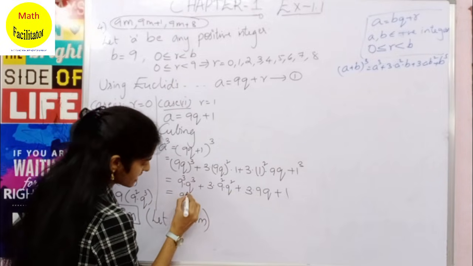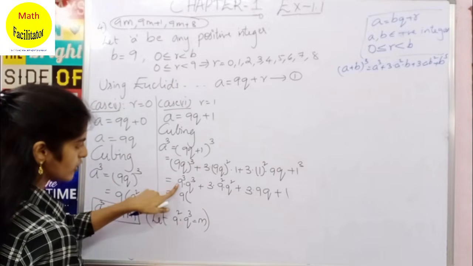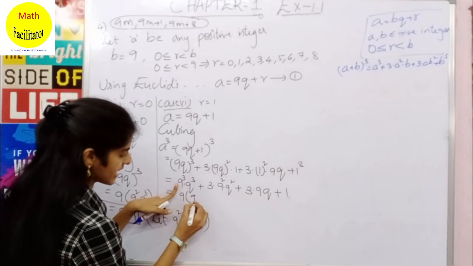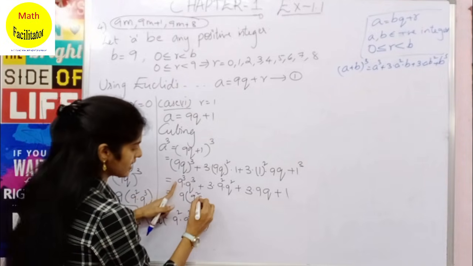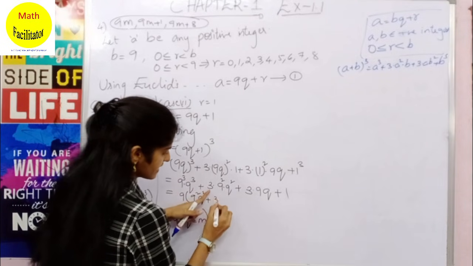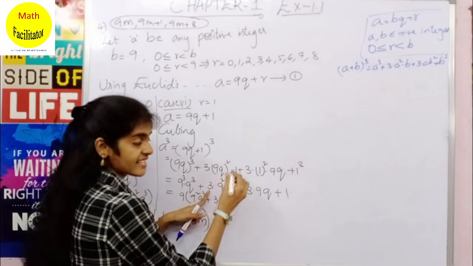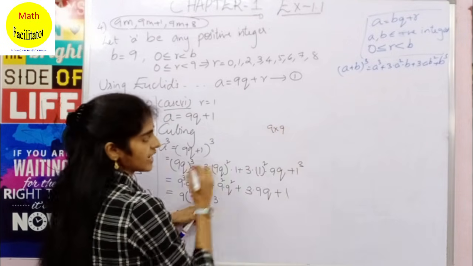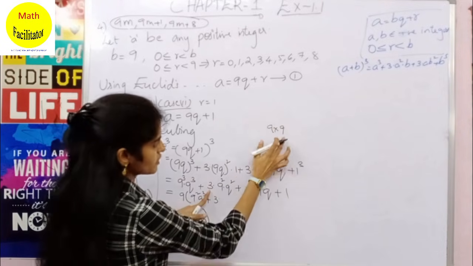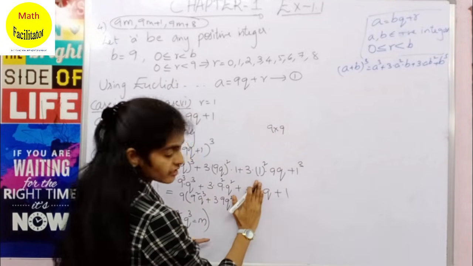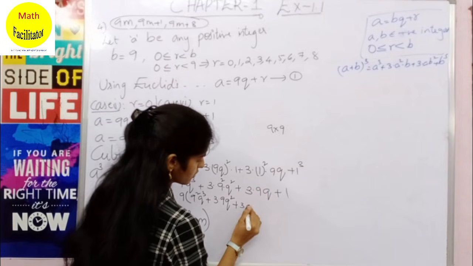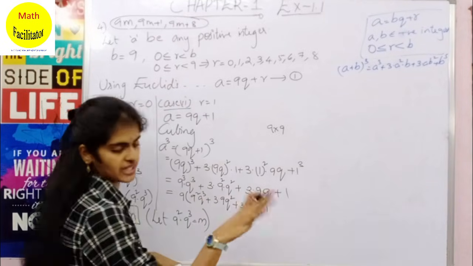Out of 9 cube, if you take 9 as common you are left with 9 square q cube, plus 3 multiplied by 9 square q square, you are left with another 9, plus 3 q, and you have plus 1 separately.